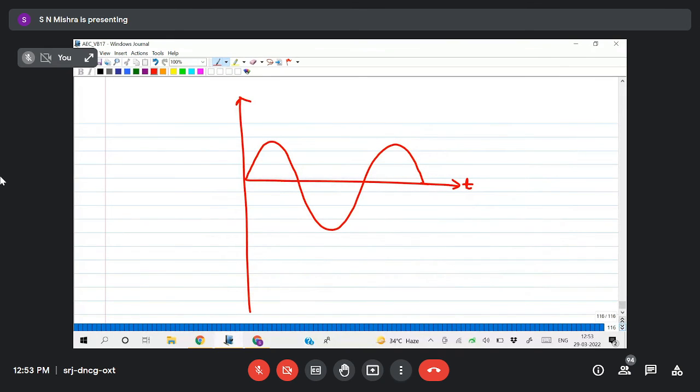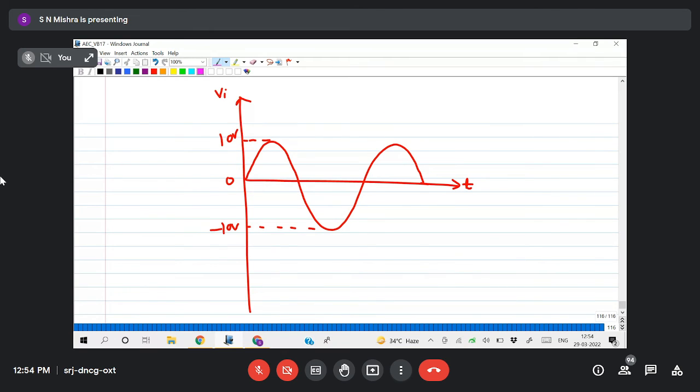Now see, this is the input signal Vi. Look carefully because this is very important. Any circuit you can solve like this. 10 volt here, minus 10 volt.